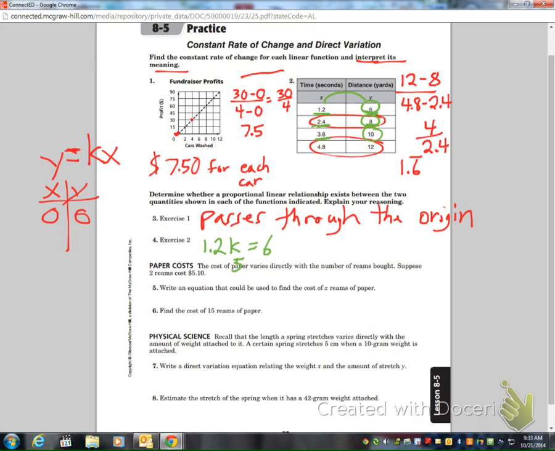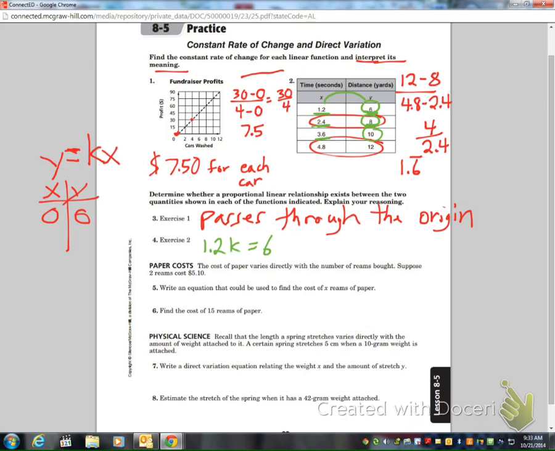So that right there tells me it's not going to be direct variation. So all you have to do is find what the constant would be. What's the relationship between the first values? See if the second values have that same relationship. If they don't, then it's not proportional. It doesn't have direct variation. All right.